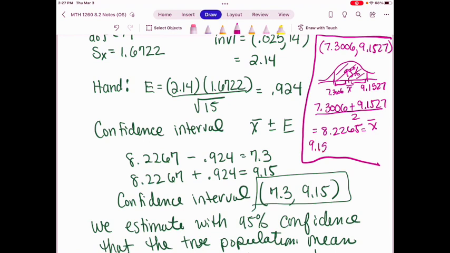So I can take 9.1527, that's this high endpoint, and subtract 8.2265 to get my error. And that gives me an error of 0.926, which is pretty darn close with what we got when we did it by hand.